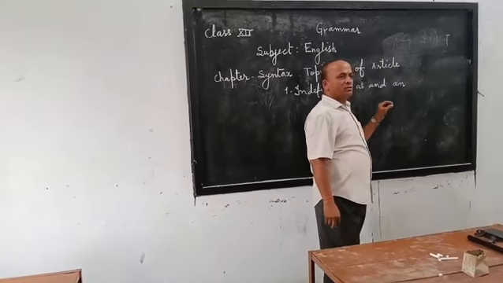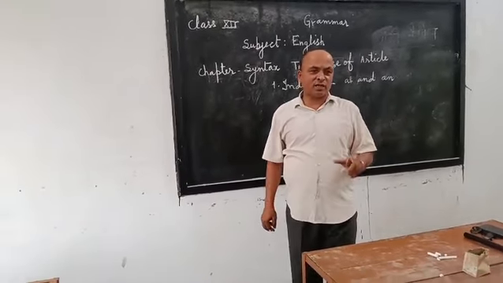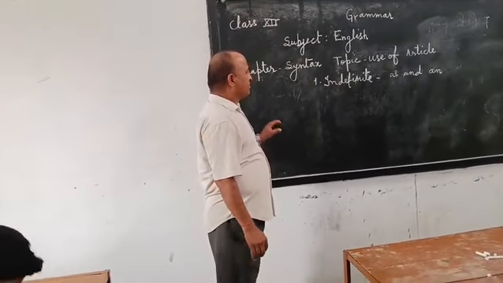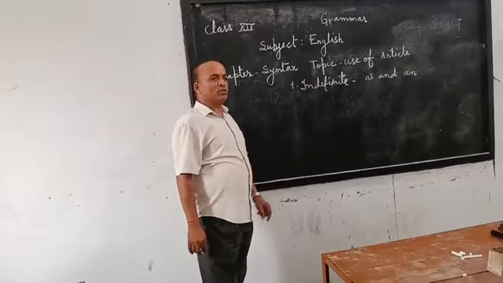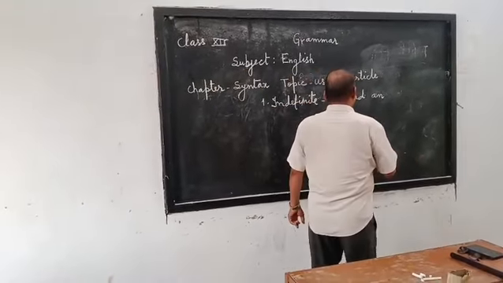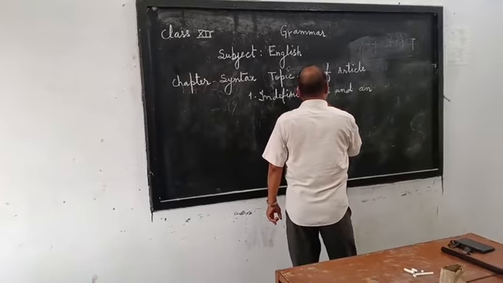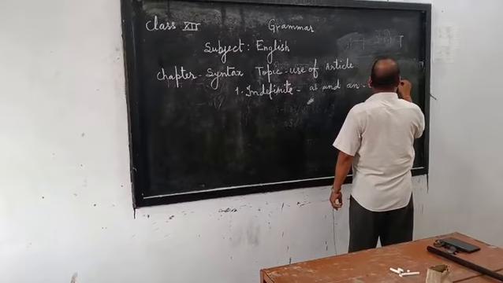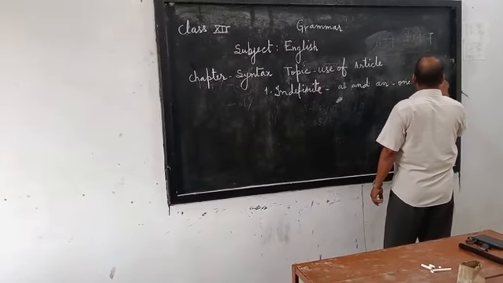How can you use it in the construction of a sentence? It is very easy to know. A denotes one or any. You have to know a and an denote one and also any.